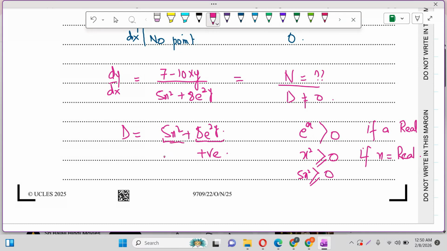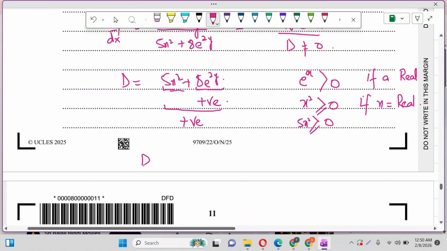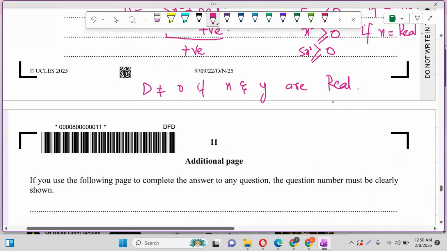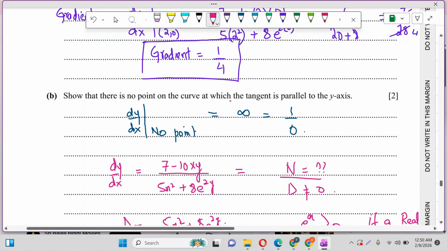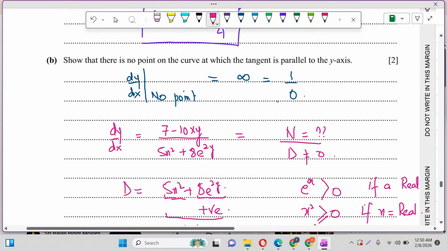So combining these two values, we will have a positive value. So it cannot be 0 in any case if x and y are real. So we can say that the denominator cannot be 0 if x and y are real values. This proves that there is no point on the curve at which the tangent is parallel to the y-axis.